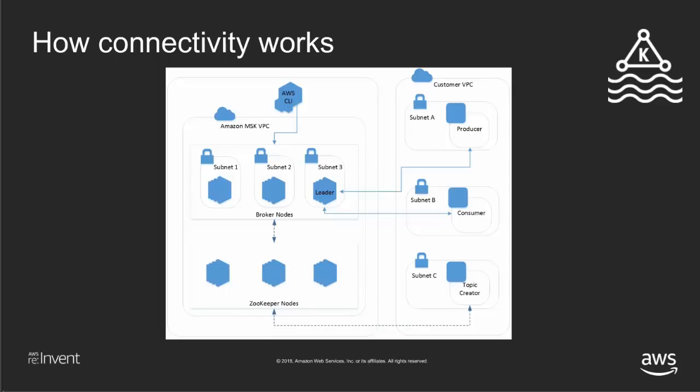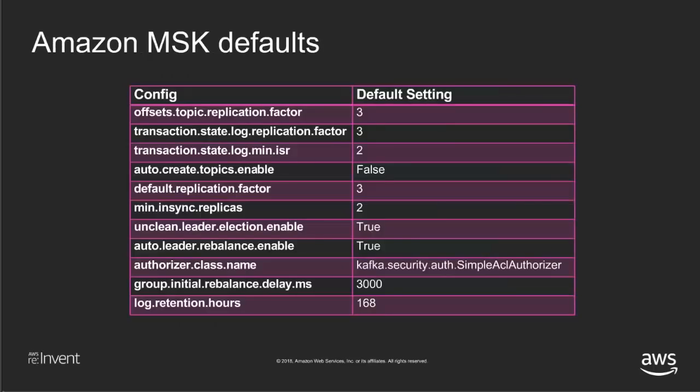The resources in the cluster are not running in your EC2, so you'll only see them in the Amazon VPC console. And at the same time, your producers and consumers are communicating to the brokers over Elastic Network Interfaces, which are not shown here.